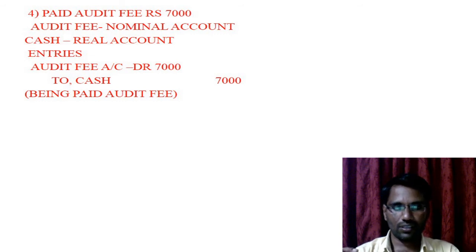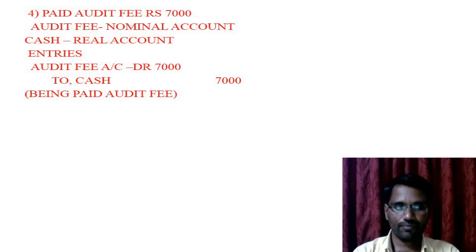What is the rule of nominal account? Debit the expenses and losses. Audit fee is your expense, therefore we treat debit to the audit fee. And cash goes out, debit what comes in and credit what goes out. Cash goes out from the business, therefore we treat credit to the cash account.